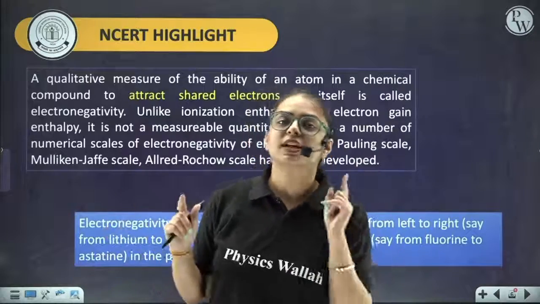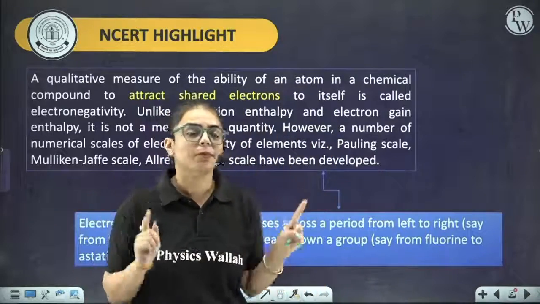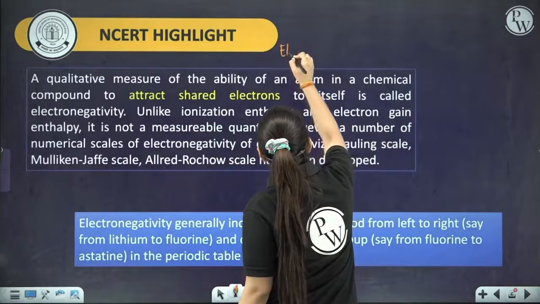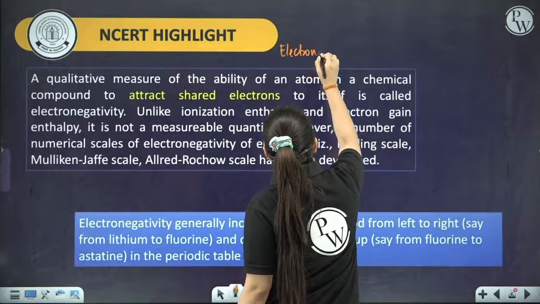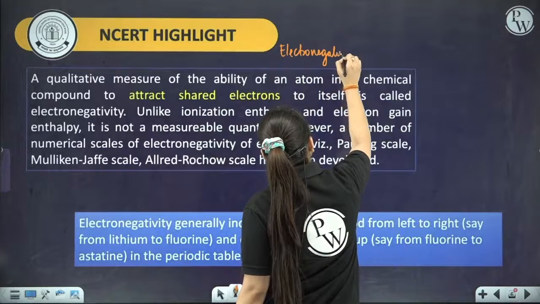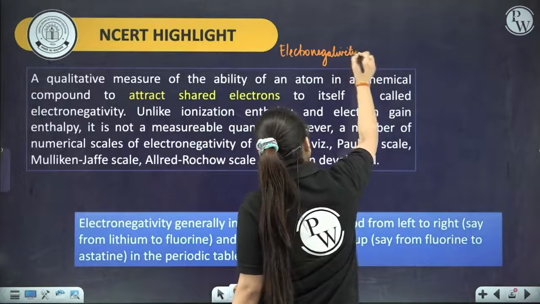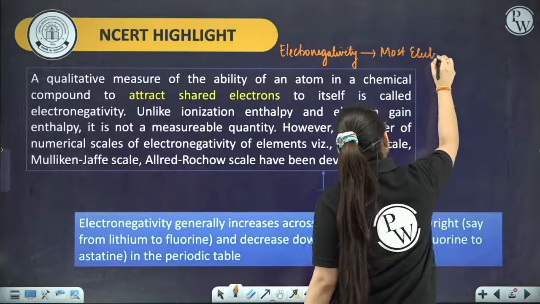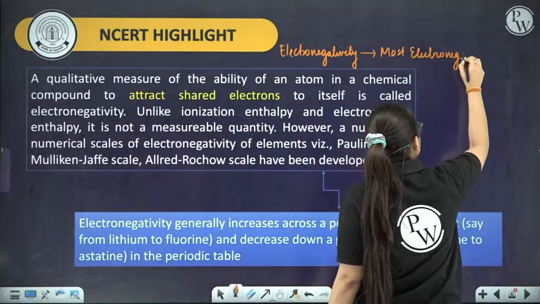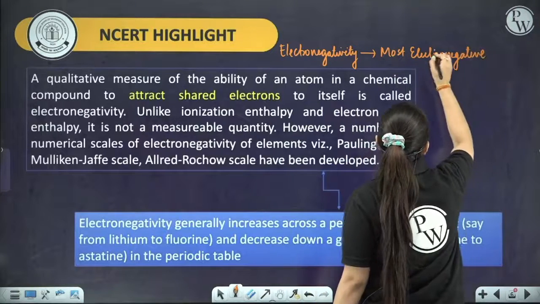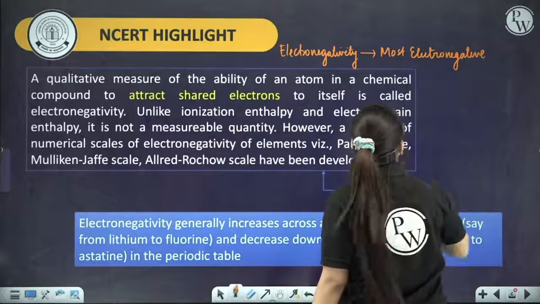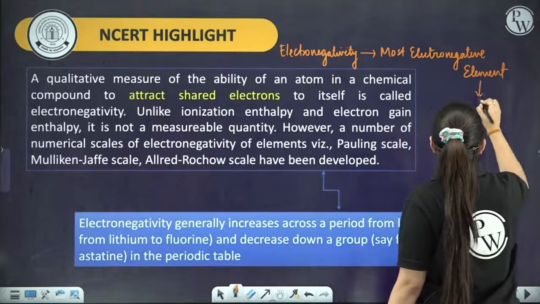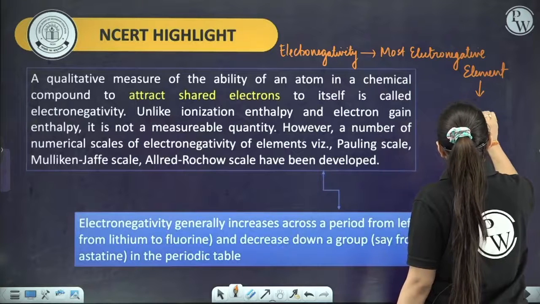That means the most electronegative element among the whole periodic table is going to be fluorine.